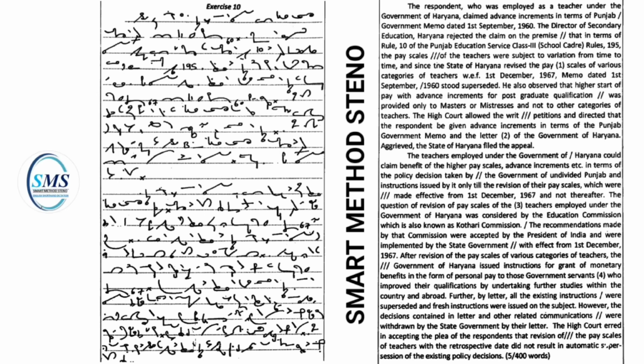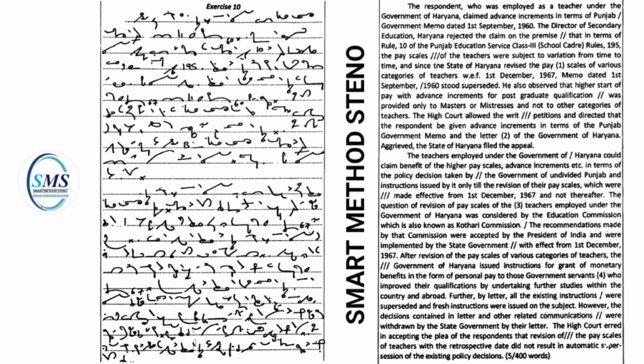After revision of the pay scales of various categories of teachers, the government of Haryana issued instructions for grant of monetary benefits in the form of personal pay to those government servants who improved their qualifications by undertaking further studies within the country and abroad.